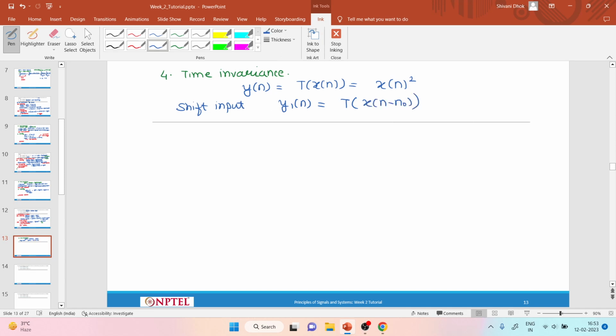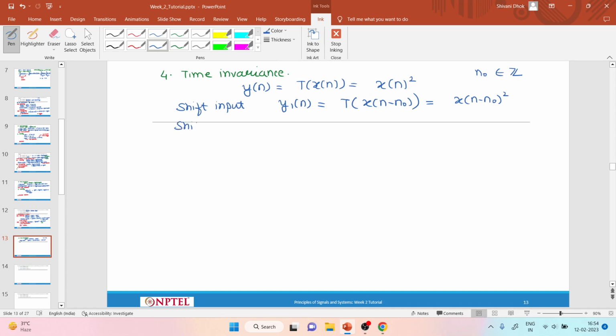So these shifts are integer shifts because we are having a discrete time system. That is, this n naught belongs to the set of integers and not any random thing. So this is equal to x of n minus n naught square.